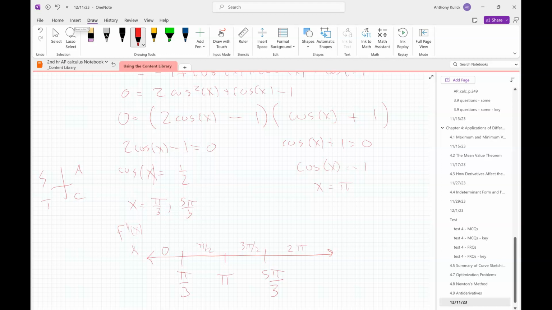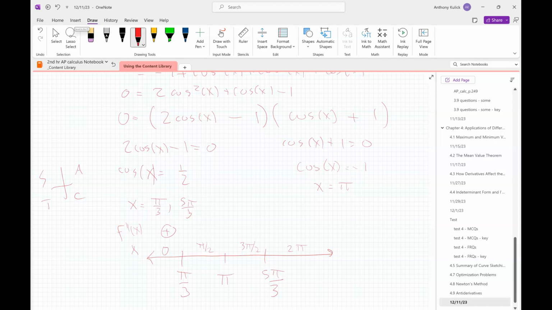Does that sound okay? Wait, I have a question. Sure. So 0 and 2 pi are the same. Once you combine those zeros, can you just fill that sign out for 2 pi also? Sure. So if I plug 0 in, cosine of 0 is 1, 2 times 1 is 2, minus 1 is 1, and then plus 1, so that's a 2. Well, I just care it's positive.